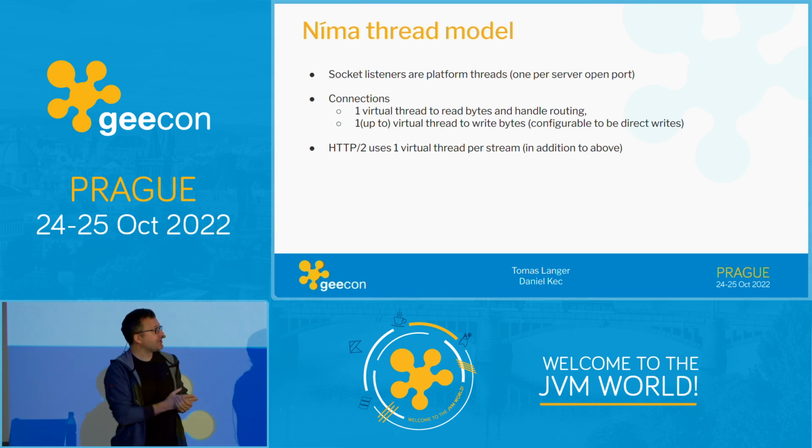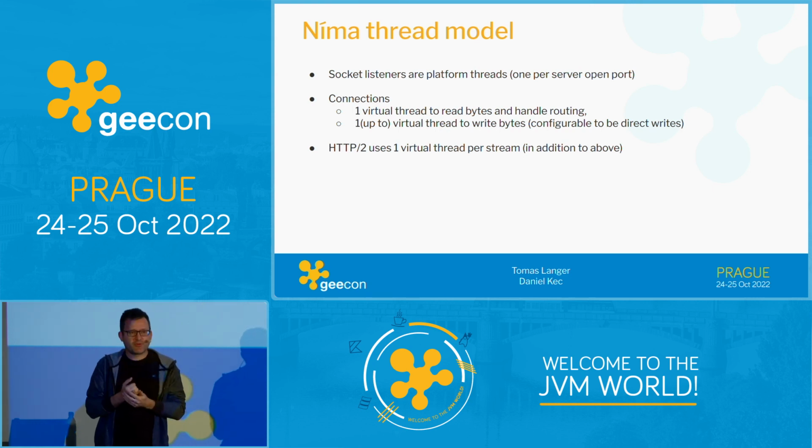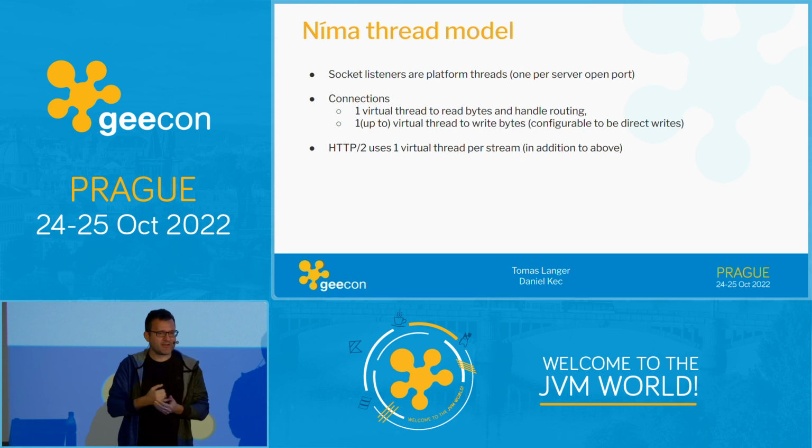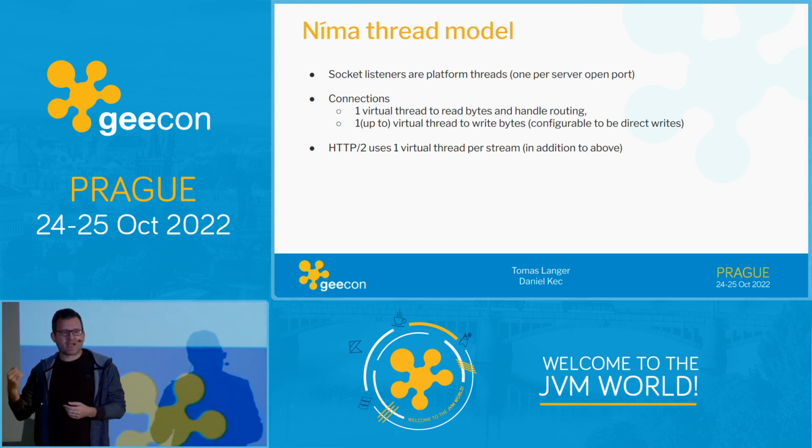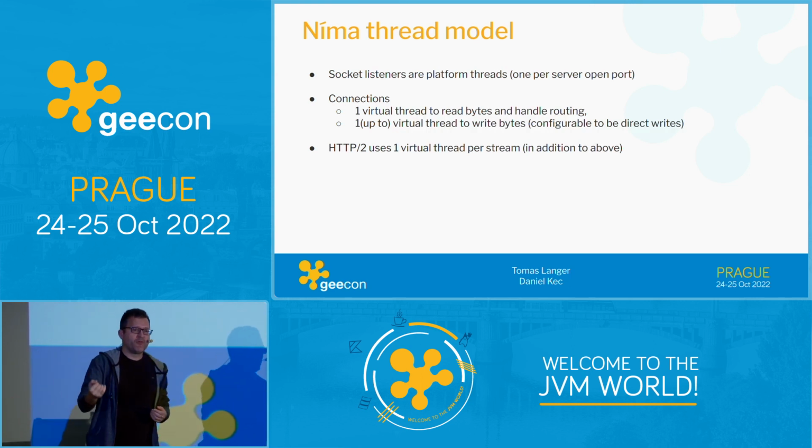In addition to that, for each thread that is doing a server listening, there is a virtual thread open for each accepted socket. So when there comes a request, either for HTTP 1 or HTTP 2, we create a new virtual thread that will handle that connection.